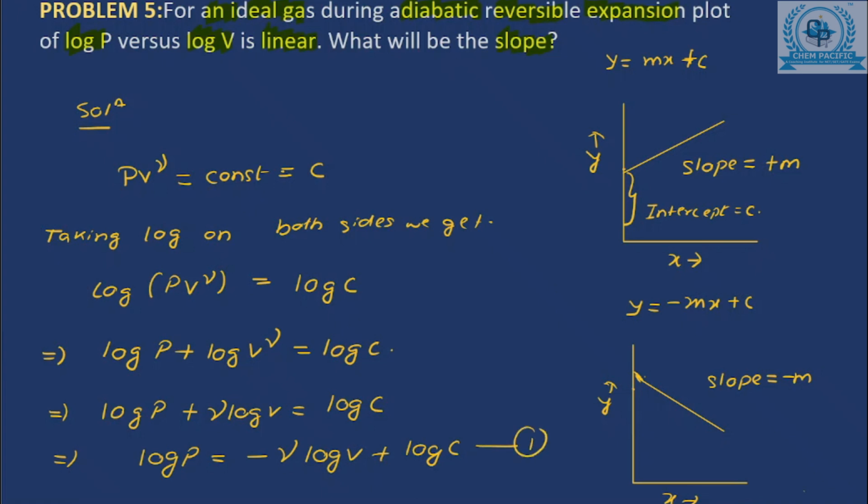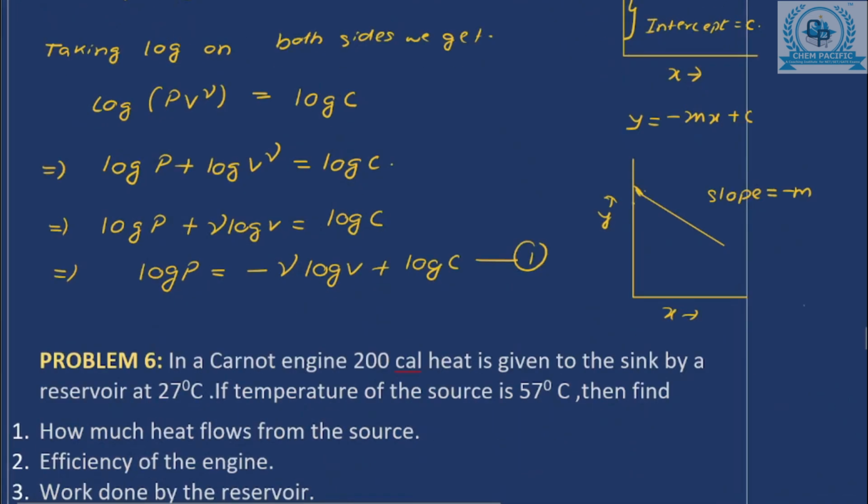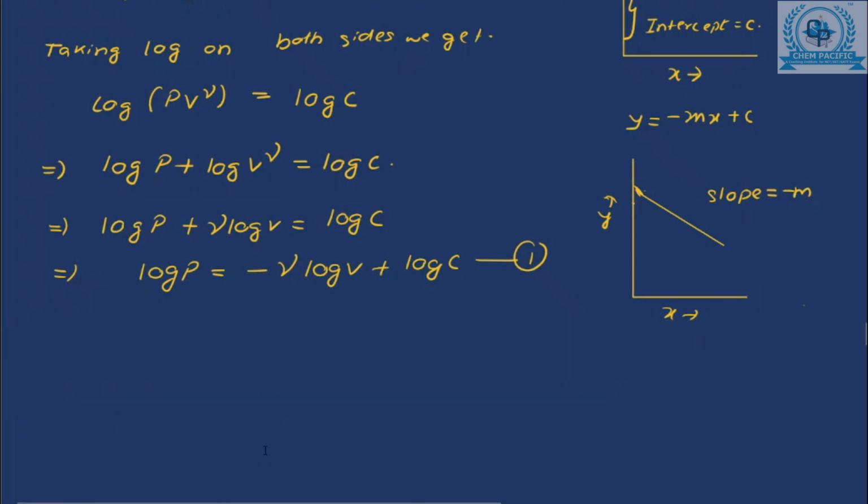When you compare this equation number 1 with y is equal to minus mx plus c, you can easily see that equation number 1 is representing a graph of log P versus log V, where log V is your x-axis and log P is your y-axis.